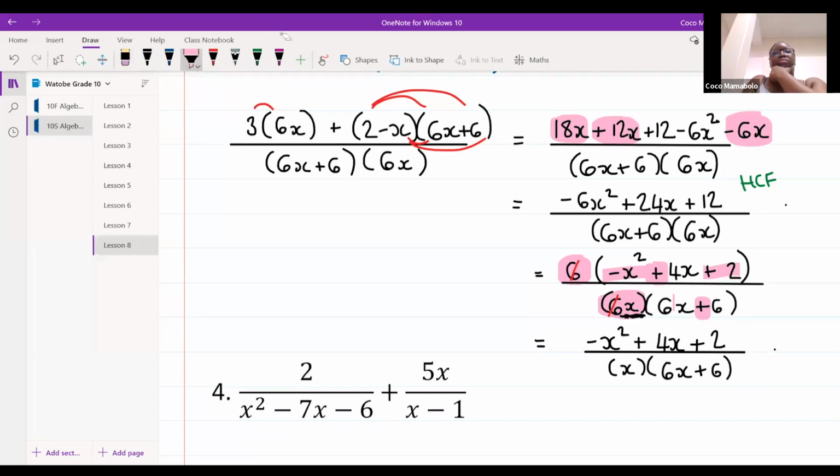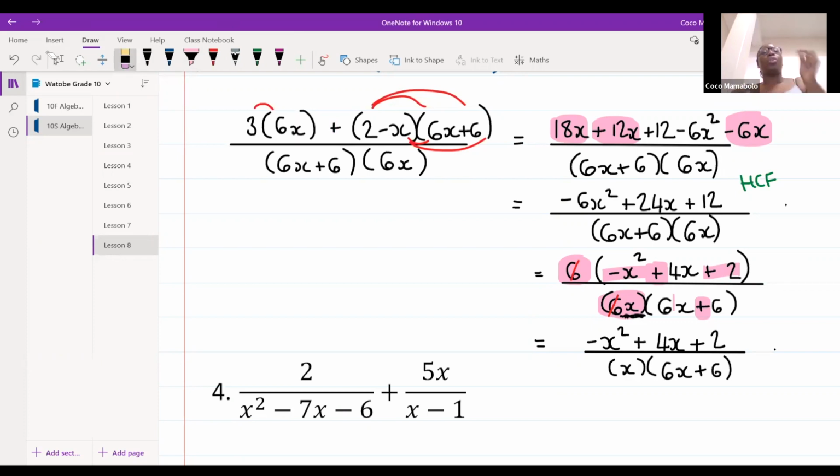Because of this plus over here. I'm adding something on this side to something on this side. So it's not actually 6x plus 6. It's 6x plus 6 plus everything else on the side. I cannot cancel across a plus or a minus. Good question, by the way. Thank you. That was an awesome question.